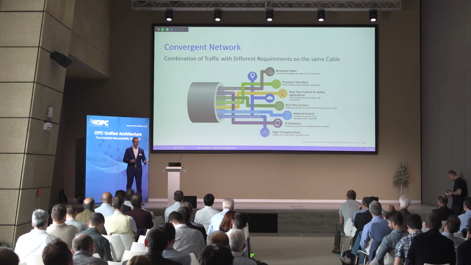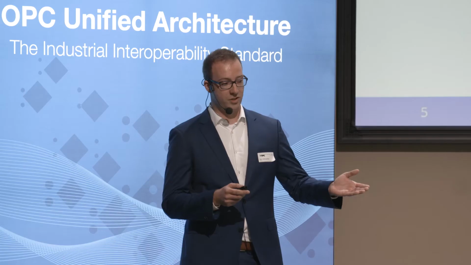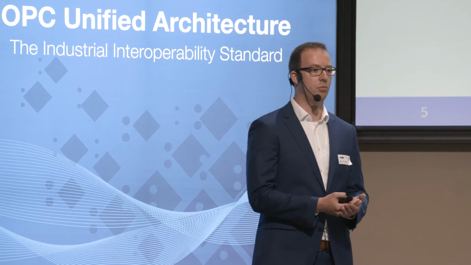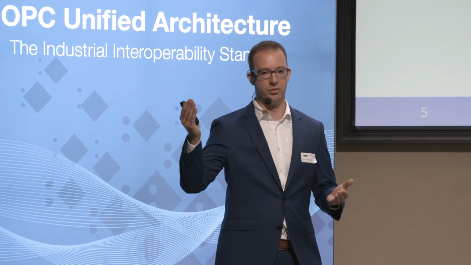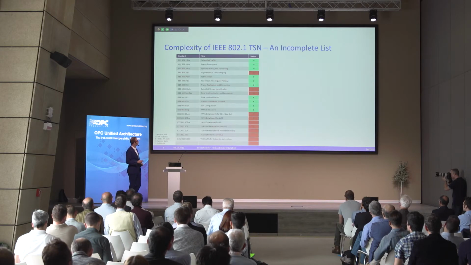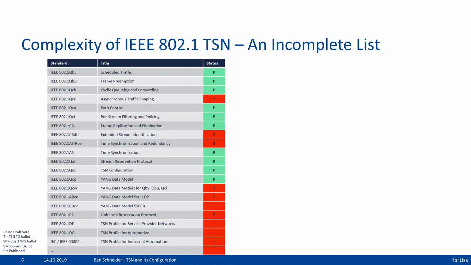Of course, this idea of putting everything together raises the complexity to a new dimension. How does TSN cope with these convergent networks? First of all, TSN is not a single standard, but provides several standards, and I don't have the time to go into details of each of them.